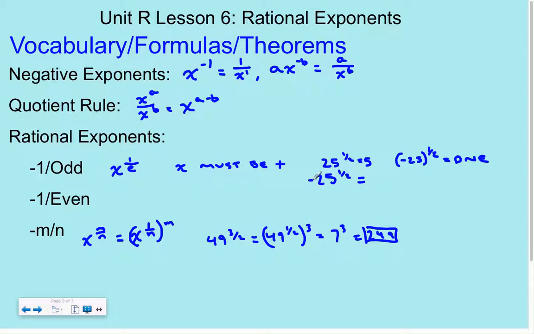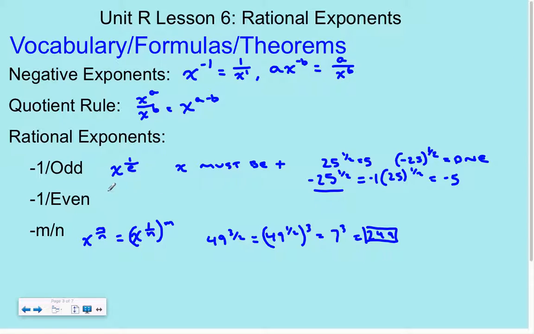But then we would do this negative, which is like saying negative 1 times positive 25 to the 1/2. Okay, in which case we would wind up with negative 5. Okay, so this winds up being okay. I know that's weird. You're just going to have to deal with it. But the negative is when the negative is on the inside of the parentheses. We're truly taking negative 25 instead of 25 to the 1/2 and then negative 1 out in front.